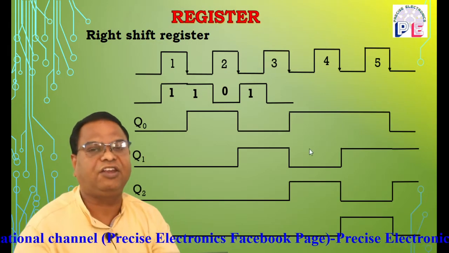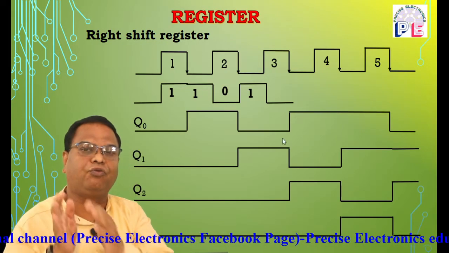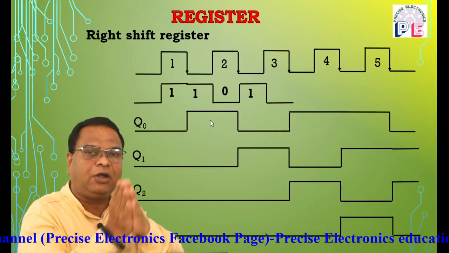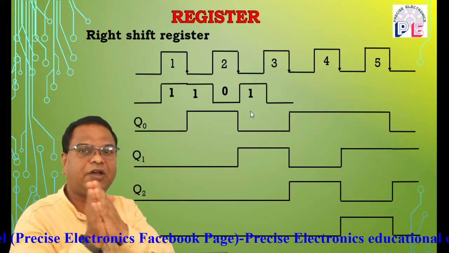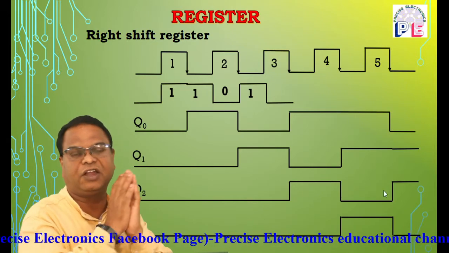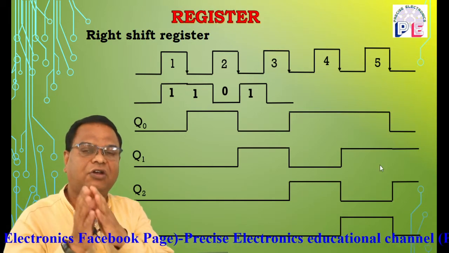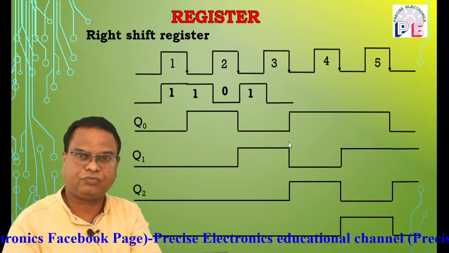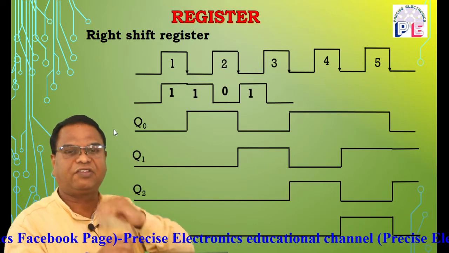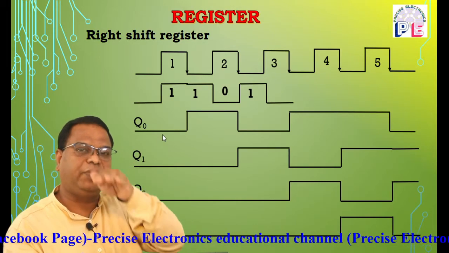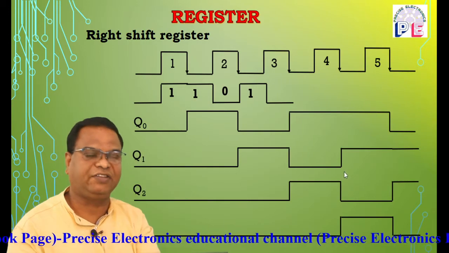So it is a right shift register. With every clock pulse, one bit is shifted to right hand side. That's why it is known as a right shift register. So from clock diagram, it is clear that with every clock pulse, bit is shifted toward the right side.